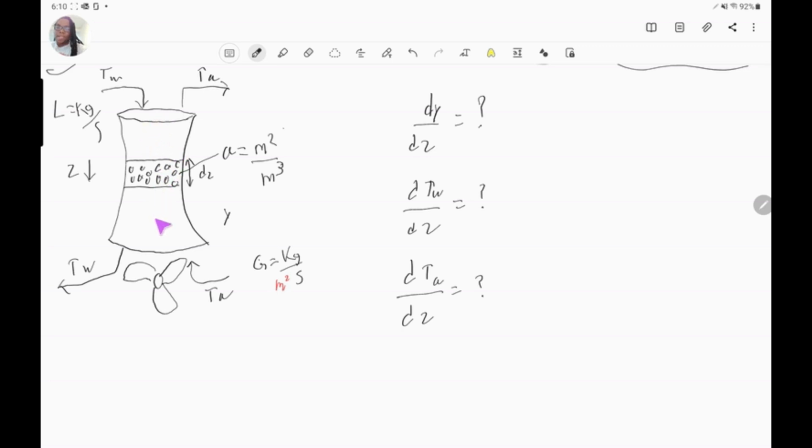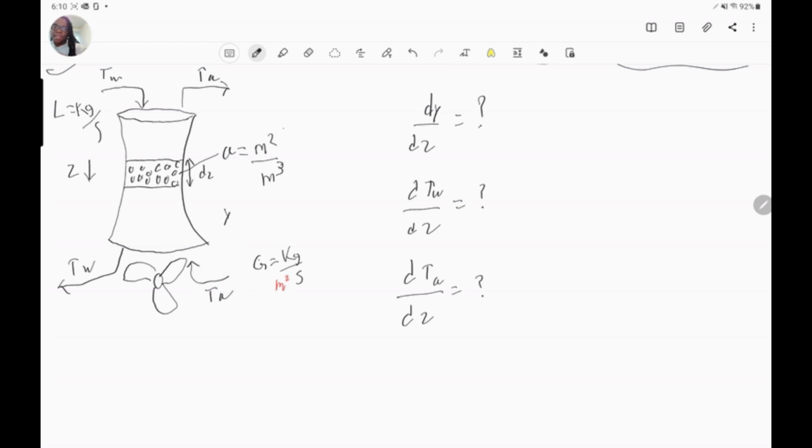And so our units here: our liquid is going to be flowing in at kilograms per second. Our gas is going to be flowing in kilograms per second per meter squared, and we'll get back to why the meter squared is added in there.